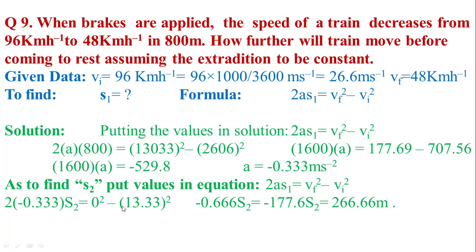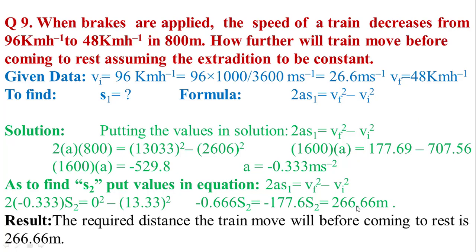So 0 square minus 13.33 square, we find the answer: S2 is equal to 266.66 meters.